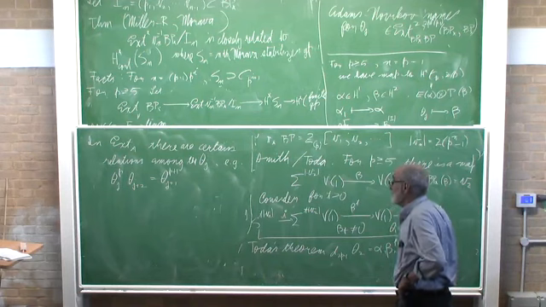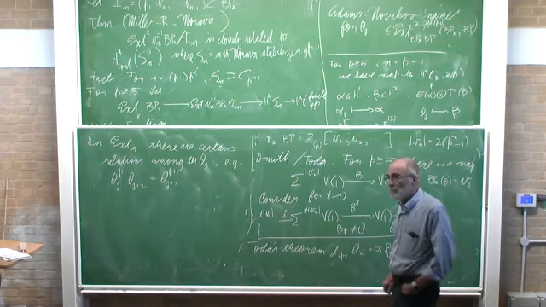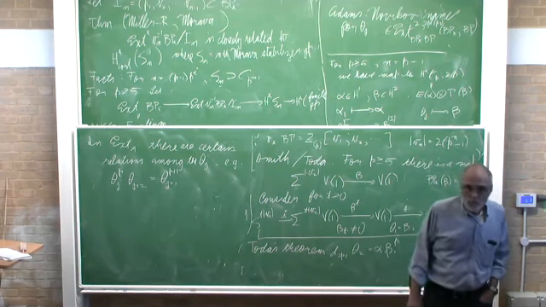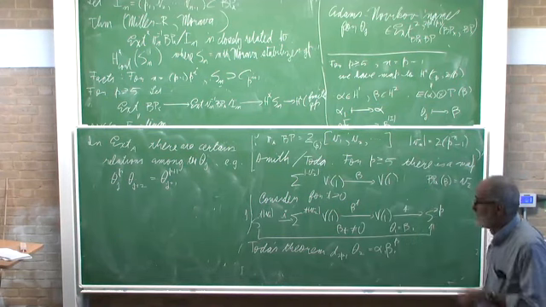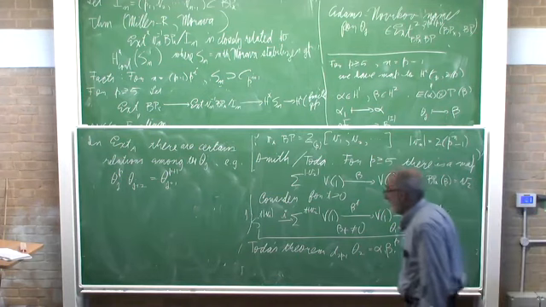Theta j to the p times theta j plus 2 equals theta j plus 1 to the p plus 1. You can check that both sides of the equation have the same dimension. And there are more relations like that.